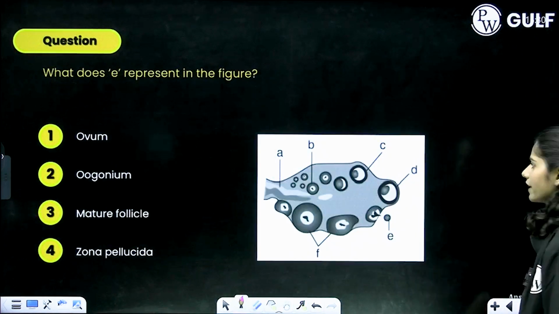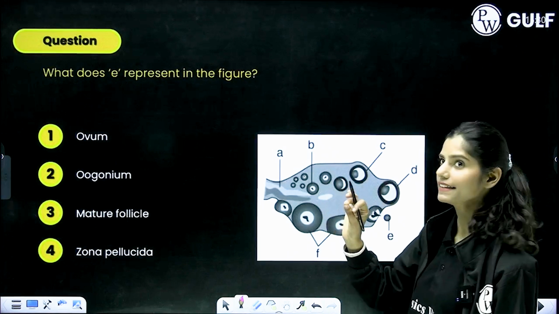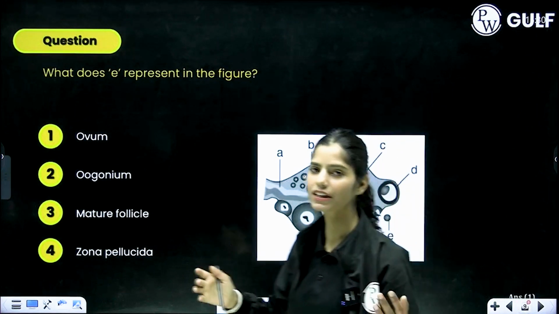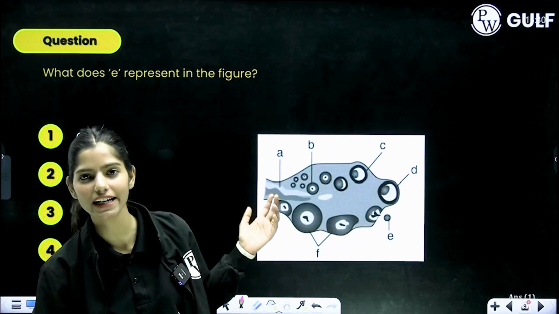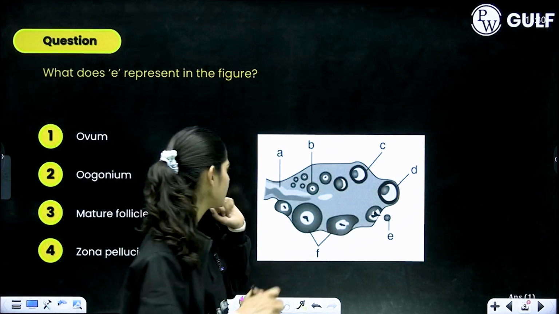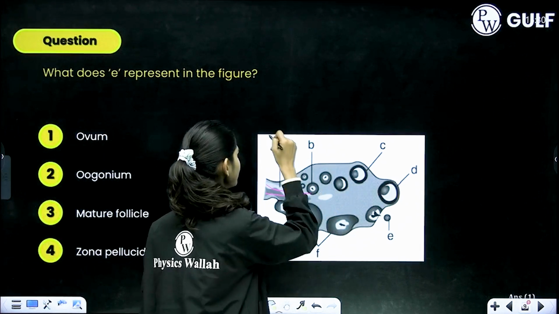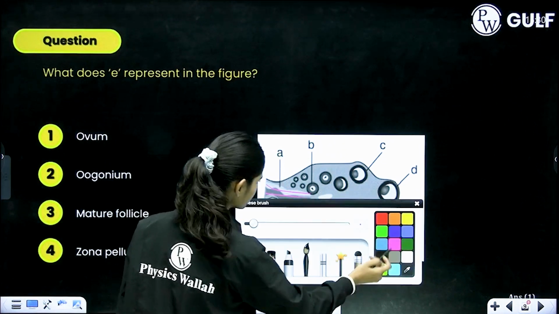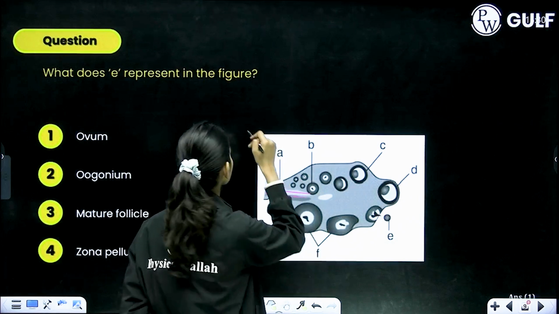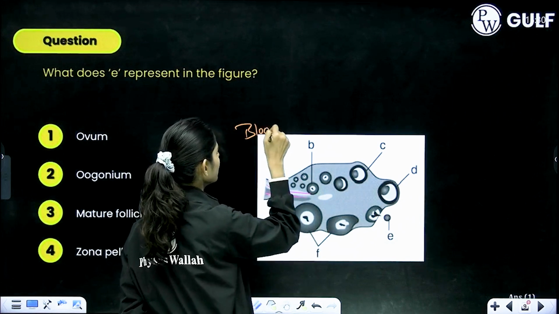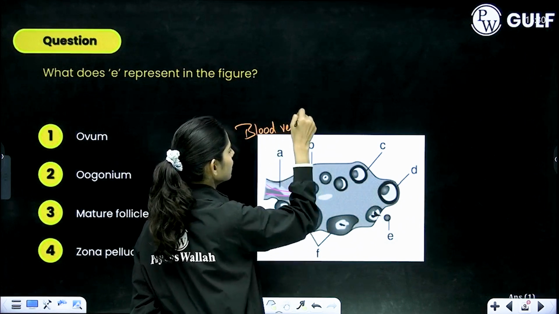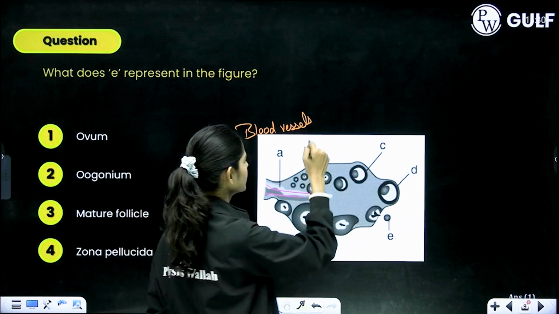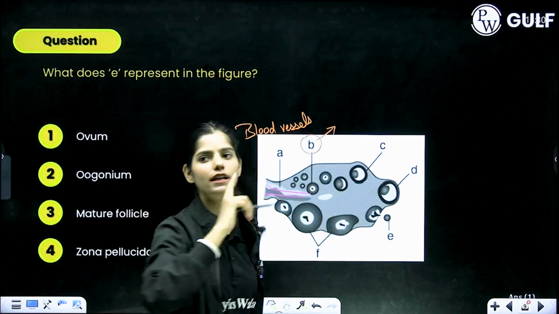Let's move on to the next question. What does E represent? Again, we have a diagram of a sectional view of the ovary. Let's label all the parts. The A part here shows the blood vessels. Then the B part is showing the follicle. Which follicle?